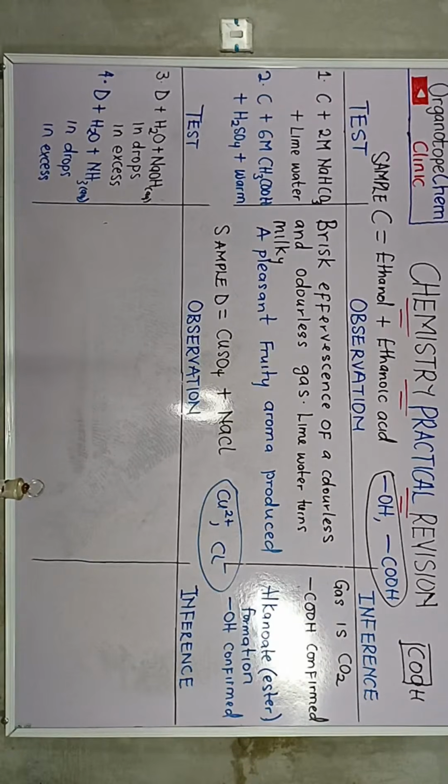Yes, COOH and OH confirmed, that's right. So when you see this kind of test, don't conclude that it is ethanoic acid and do not write ethanol. You are not expected to write the IUPAC name of the compound.